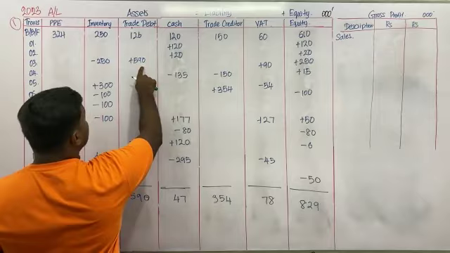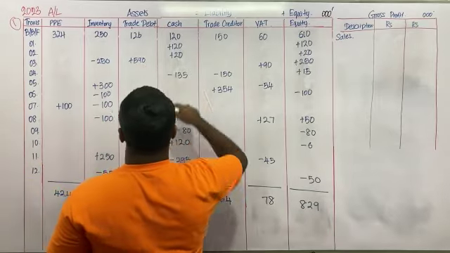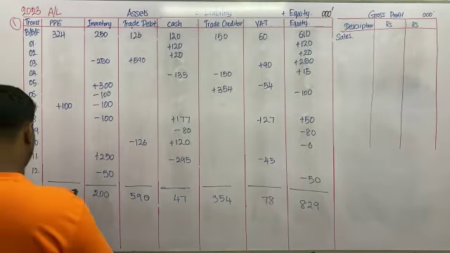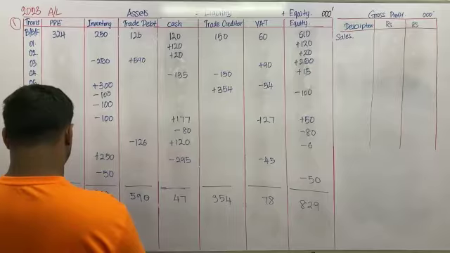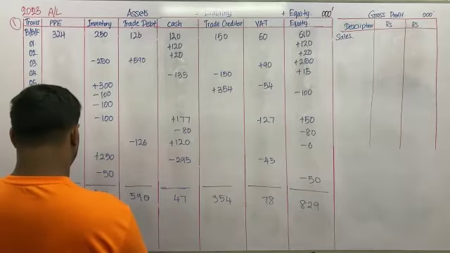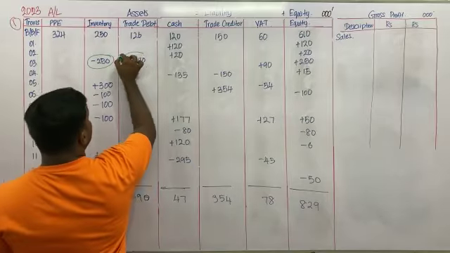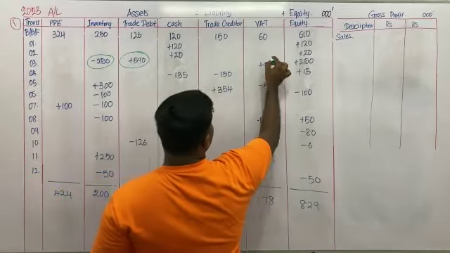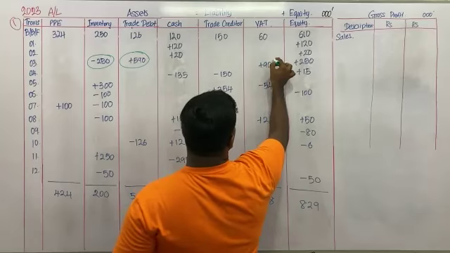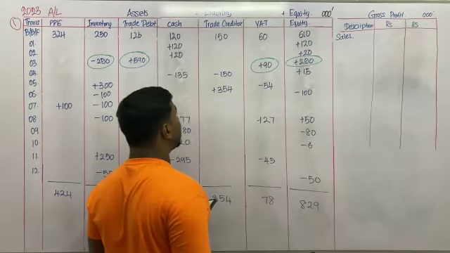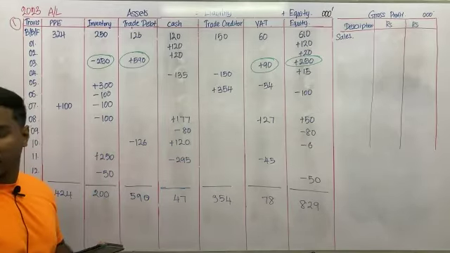This transaction, number 3, transaction number 3. This transaction is a sales transaction.